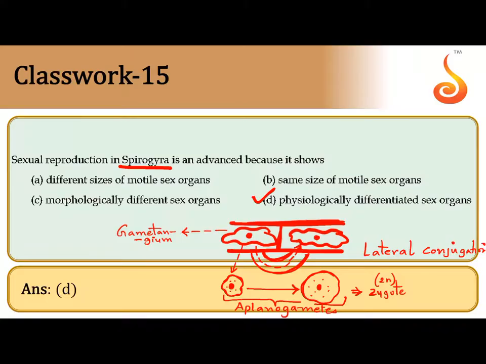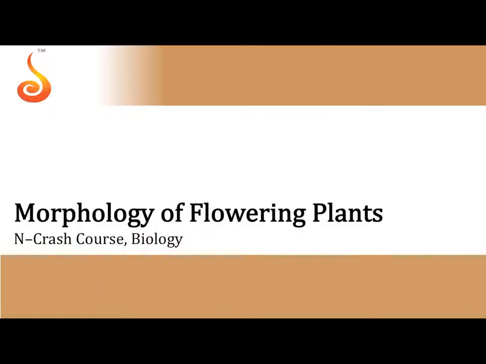I hope you know Spirogyra has a filamentous structure like this, where there are cross walls between the filament, and each one is a cell of the filament which has a spiral ribbon shaped chloroplast. So it is physiologically differentiated. They look exactly alike, they're morphologically not differentiated, but one of them behaves as the male, one as the female. That's why we say they are physiologically differentiated sex organs.